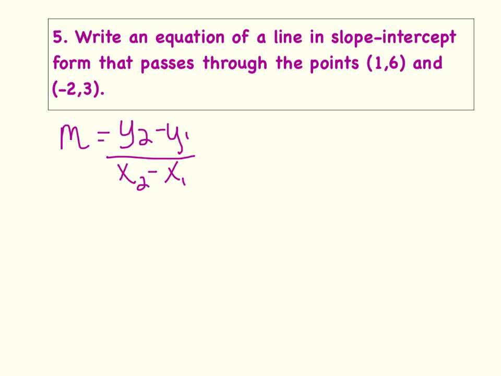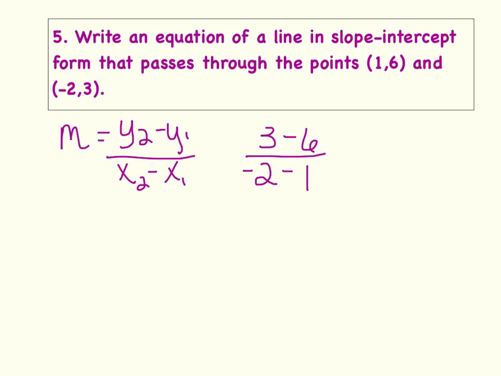So now let's do our substitution. My second y is 3, and that is minus my first y, which is 6. We will be dividing that by our second x, which is negative 2, and then we will subtract our first x, which is 1.